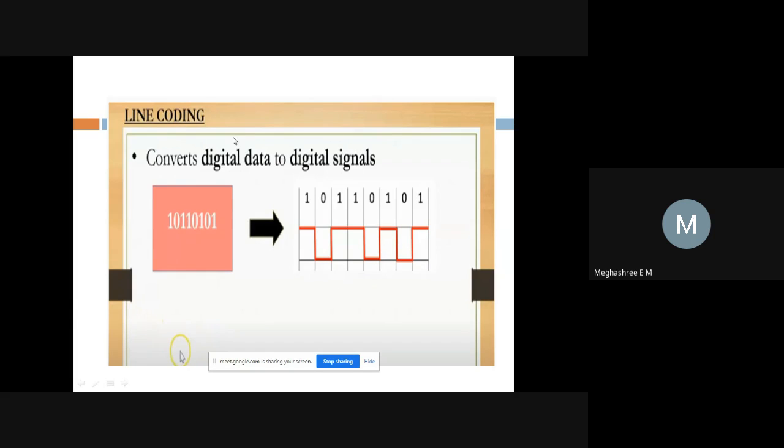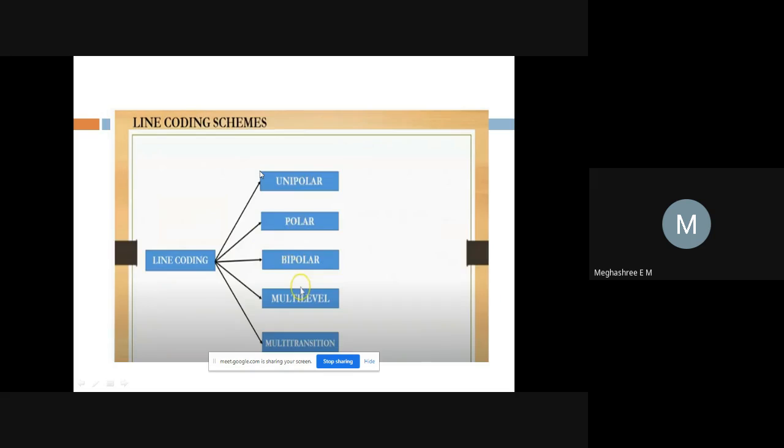Now the method, process or technique followed to convert digital data to digital signal is known as line coding. To convert digital data into digital signals, many methods are followed.